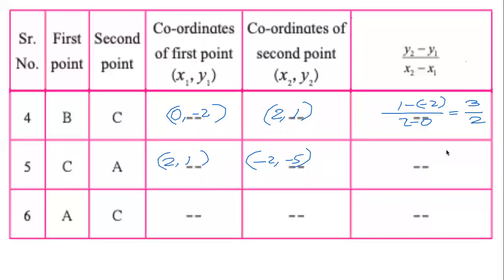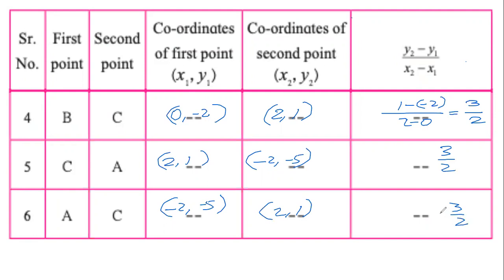We will get, very sorry about this, 3/2 here. Also using the same coordinates, for A it is (-2, -5) and for C they are (2, 1). When we put them in the formula, we will get 3/2.